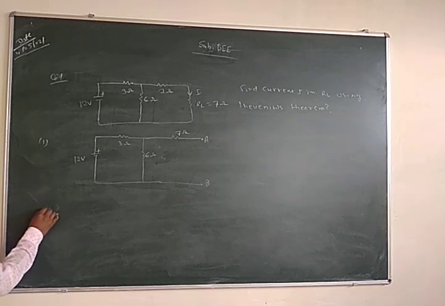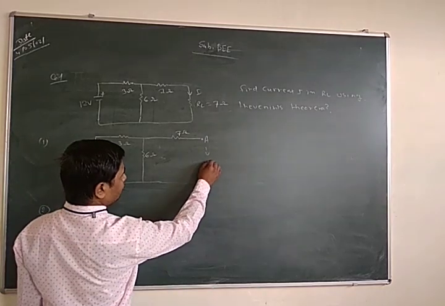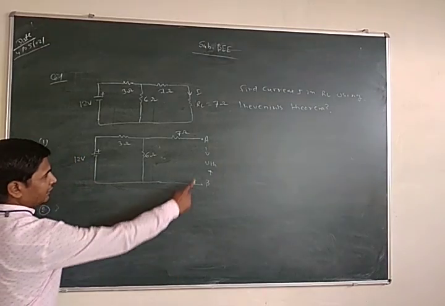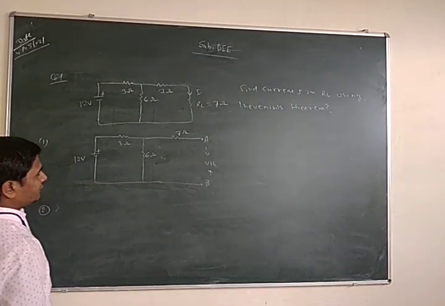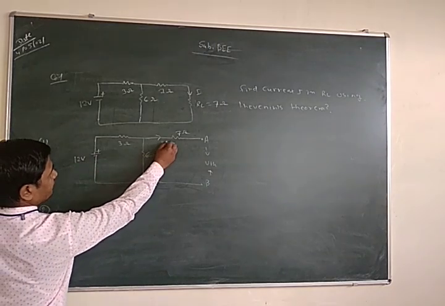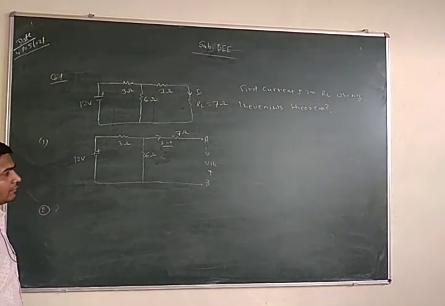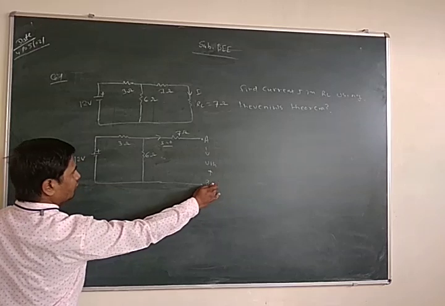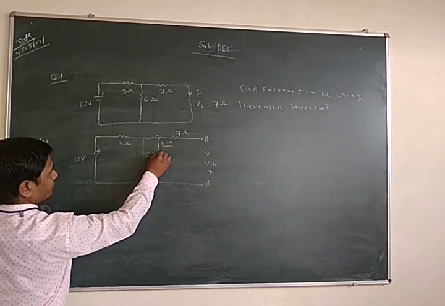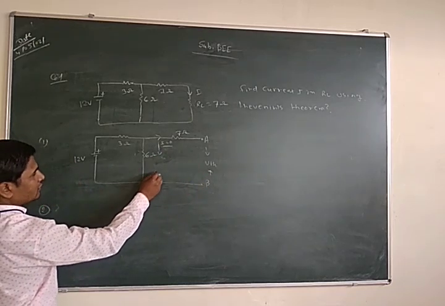Now in the second step, we have to find VTH, which is the voltage across terminals AB. In this circuit, the current in the 7 ohm resistance is equal to 0 because these terminals are open circuited. So VTH is the voltage across the 6 ohm resistance.